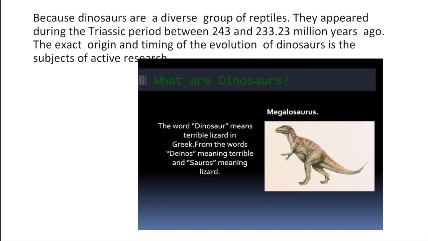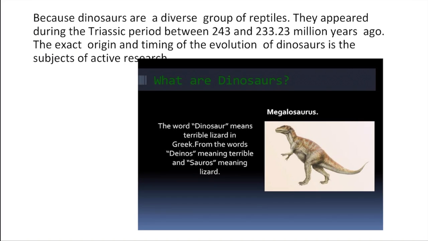They appeared during the Triassic period about 243 to 230 million years ago. The exact origin and timing of the evolution of dinosaurs is the subject of active research.